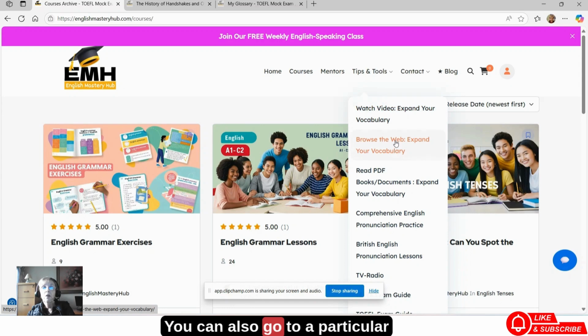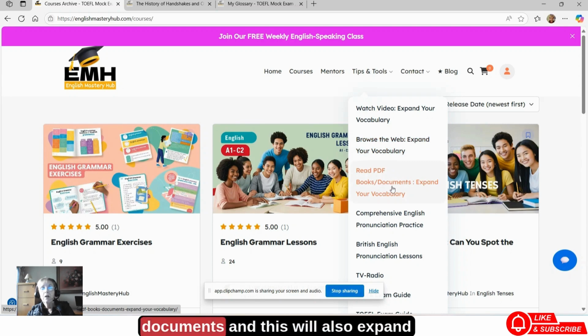You can also go to a particular website that you're interested in, read on the website, including something like the BBC or CNN, where you can listen and read and expand your vocabulary. You may read PDFs or documents, and this will also expand your vocabulary.